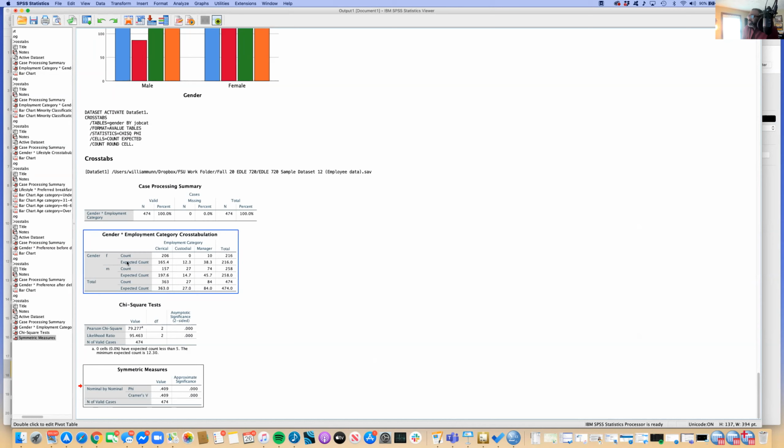If this were 2x2, so I had two dichotomous variables, then I would use the phi statistic. But since this is a 2x3 table, male, female, clerical, custodial, and manager, then I would use Cramer's V. Now in this situation, the values aren't different, right? Both of them are 0.409, okay?